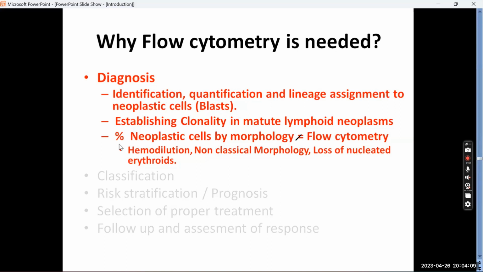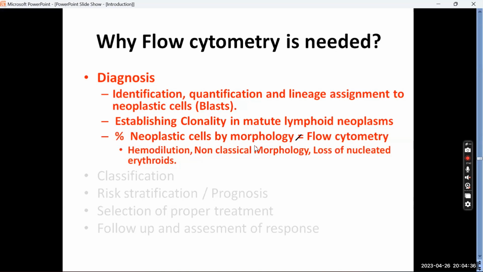The decrease in percentage of neoplastic cells in flow may be because of hemodilution or loss of nucleated erythroids during processing. That is, you will be using a lysing solution, which can eat away some amount of nucleated erythroids, and the percentage may be elevated because of this, or because of hemodilution the percentage may go down. Sometimes you get a higher percentage in flow cytometry because of non-classical morphology.